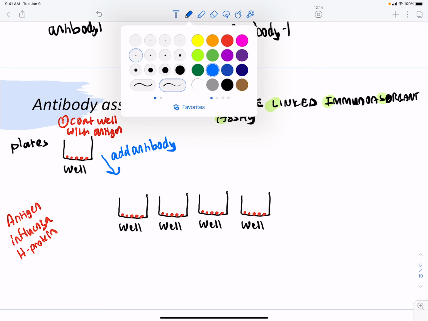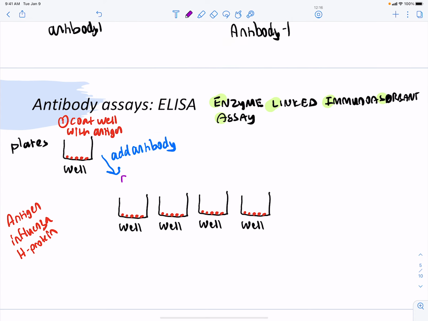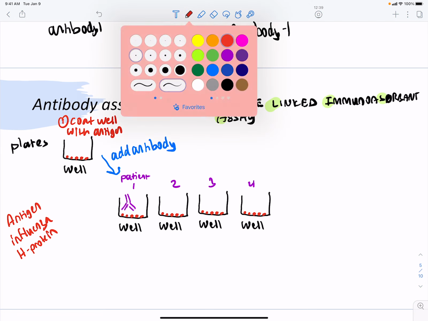So you'll have your different patients: patient 1, 2, 3, and 4. You're going to add the antibodies to this well. This time, your trunk is going to be faced up, and you're going to have your Ys out. And they're going to see if they bind specifically to your red antigen.